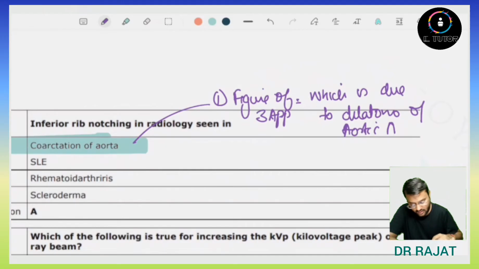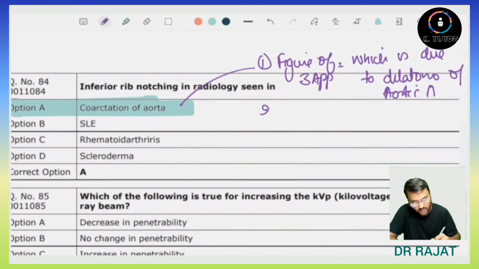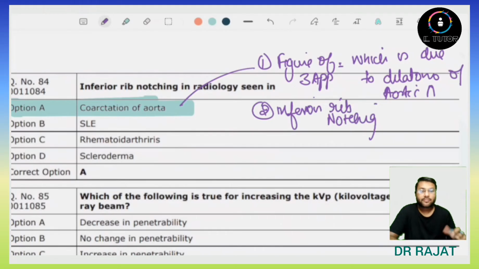And the second one is inferior rib notching. Now if we talk about a barium study, then in the barium study the inverse of the figure 3 appearance will be seen in the esophagus. So these are all findings present in coarctation of aorta.